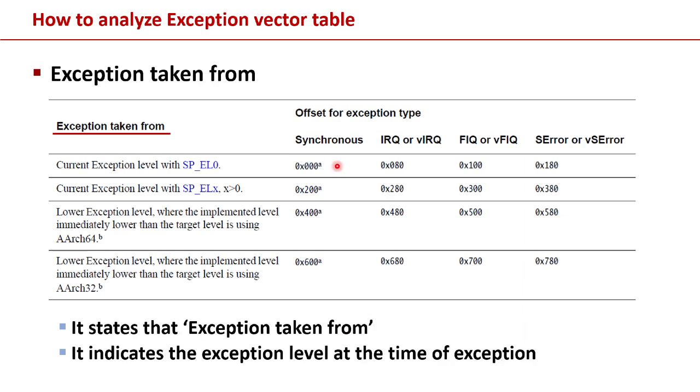Now that I have introduced the primary concept of the exception vector table, let me explore another item, that is, exception taken from. This row indicates the exception level at the time of the exception. So it states that exception taken from is based on the information of the exception level.